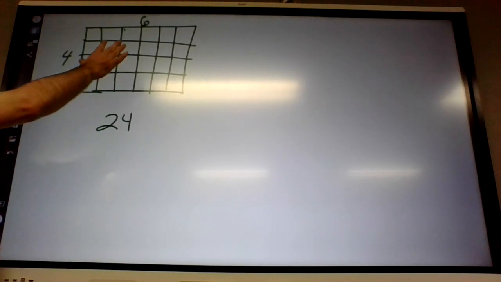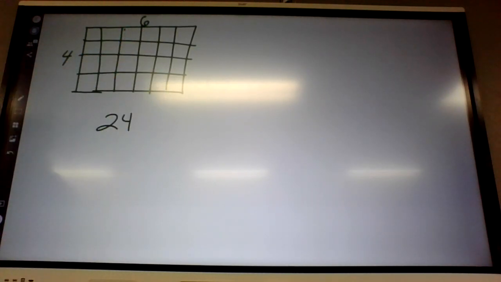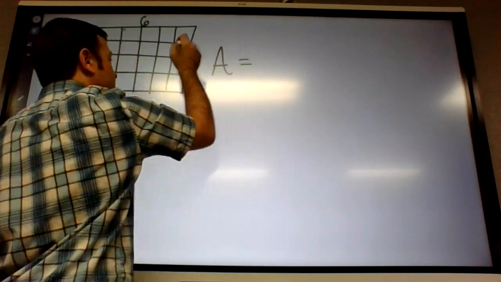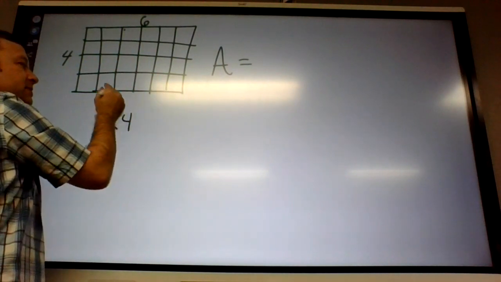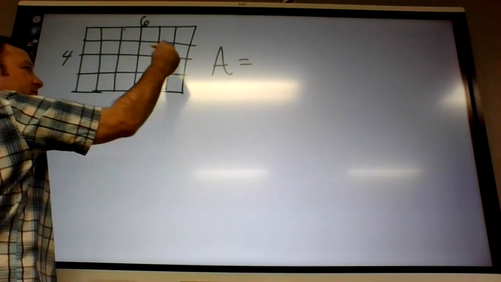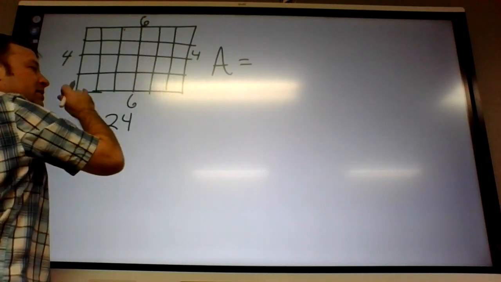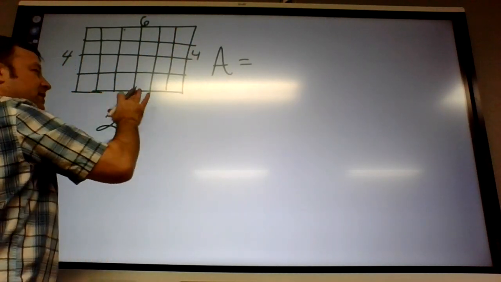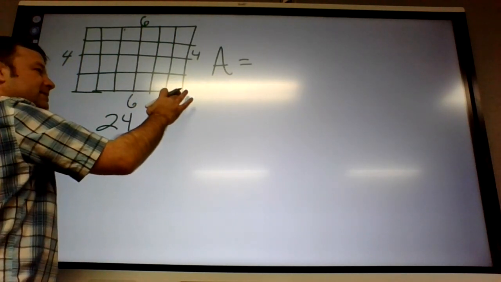So to find the area of a rectangle, basically what do we have to do? This times this. What could we call this? 6. Now this is the same as that, right? So when I point at that or that, these two sides are the same on a rectangle. What is this side called? The base.